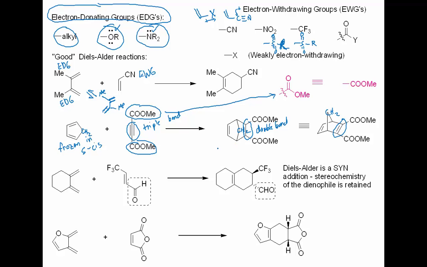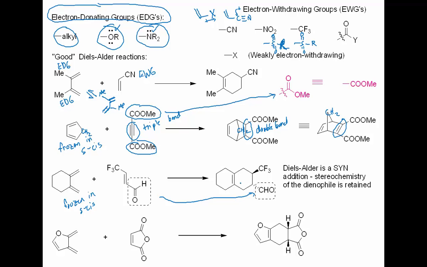All right, here we have another diene that's also frozen in the S-cis. This has an aldehyde group on it and a CF3 group. This is how we abbreviate aldehyde groups in organic chemistry.